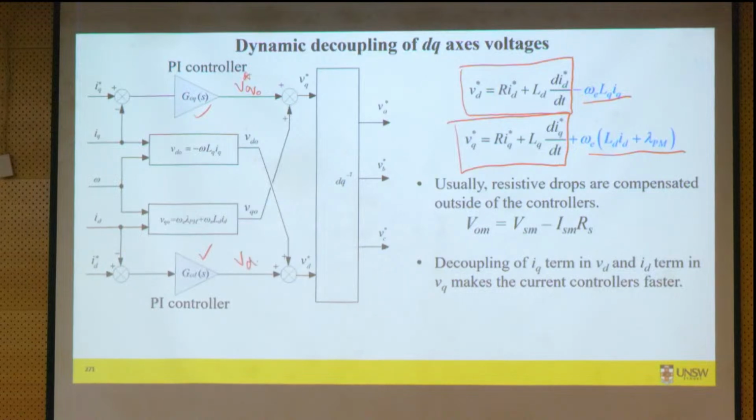Or VD 0 star, let's say. And then we add our decoupling terms to them, this one and this one, and at the end we get the total VD and VQ, which you would then do a DQ inverse transformation on to get VA, VB, VC, and this is your reference voltage for PWM.